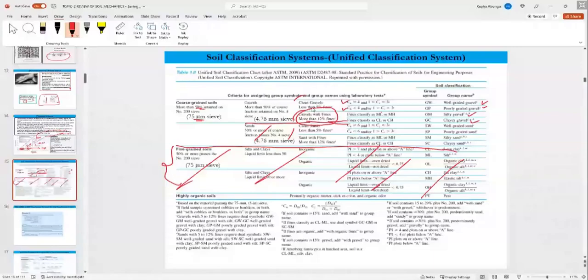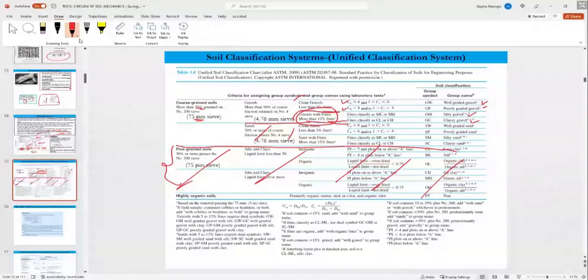Now, if the fines were less than 5%, there was no need for Atterberg limits, meaning the fines do not have significance on the behavior of the soil. But if the fines are more than 12%, they have a significant effect on the behavior of the soil.